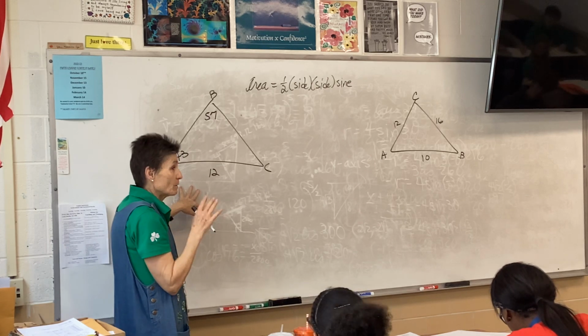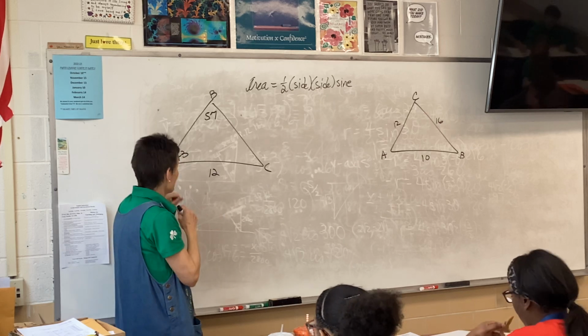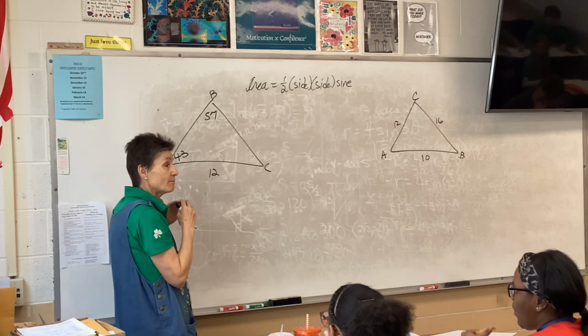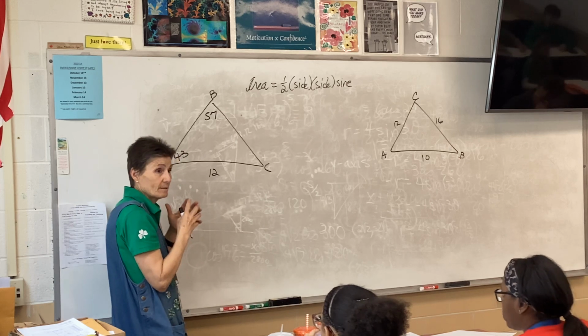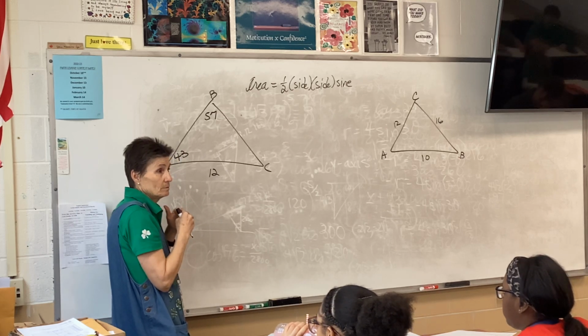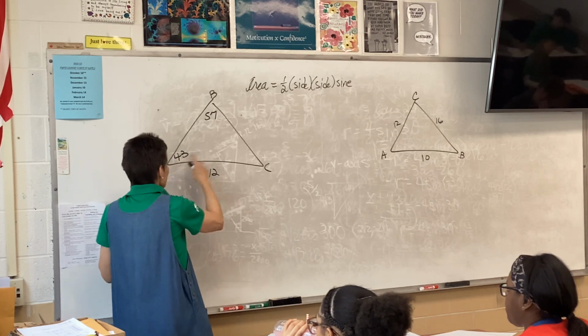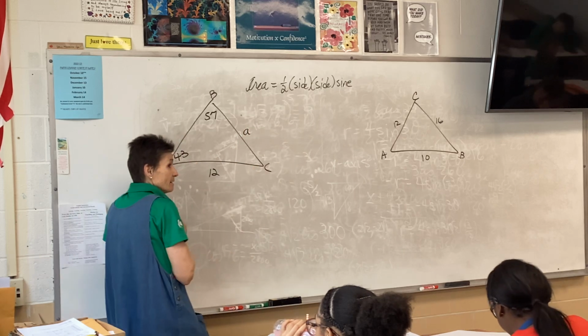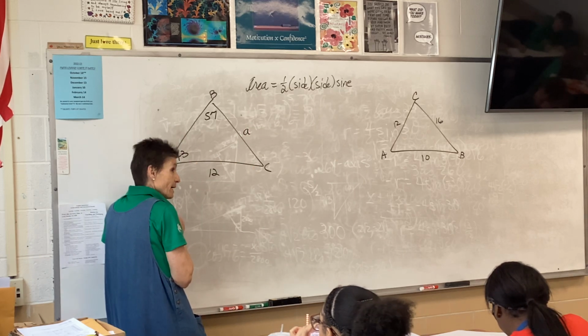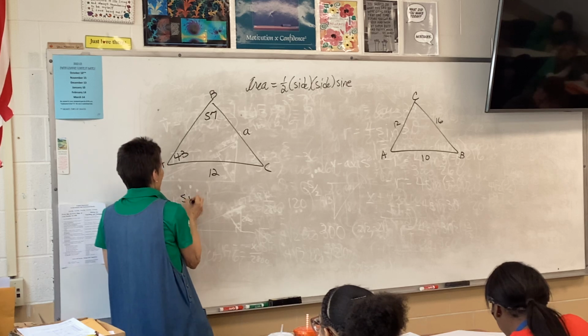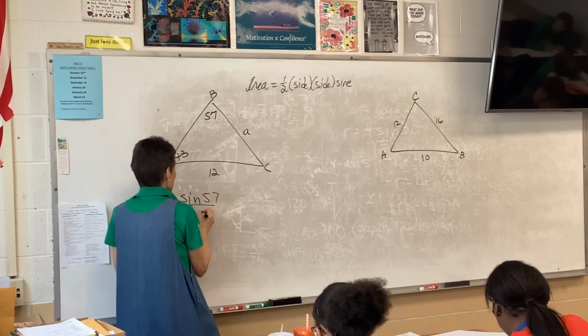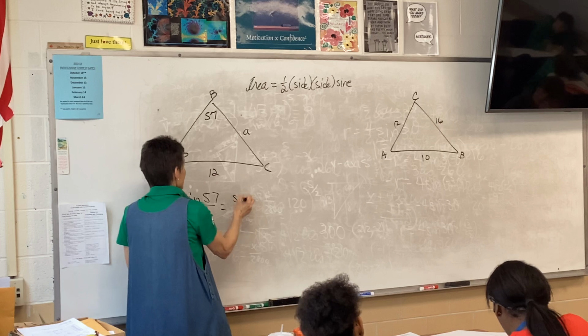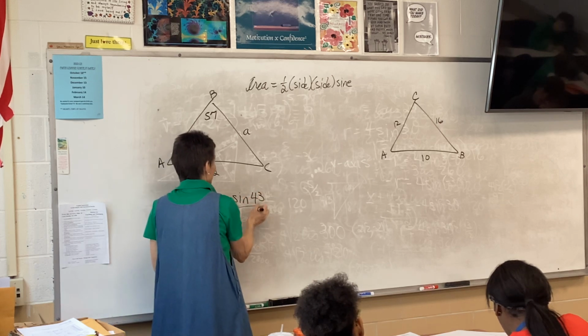So I want you to stop and look at the situation and tell me if we can find another side. Yes. How? Law of sines. So we can find side A real handily. Sine 57 over 12 equals sine 43 over A. Agreed?